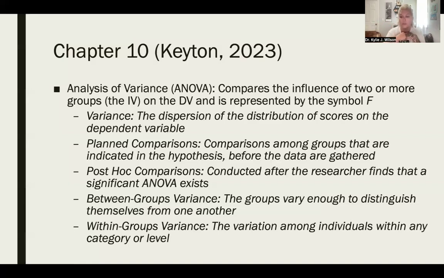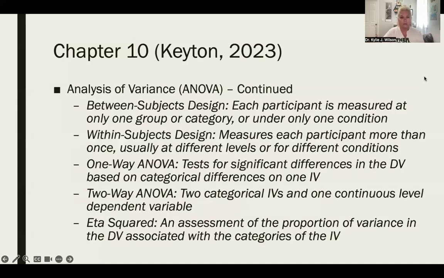We have within groups, the variation among individuals. So not just groups, but the individuals themselves within any category or level. So what's the variation of the actual participants of the sample? Okay.